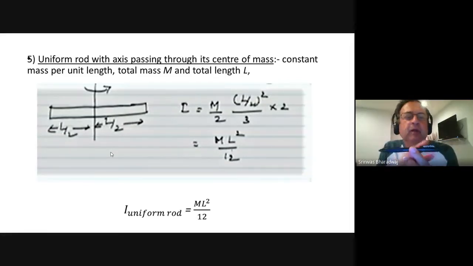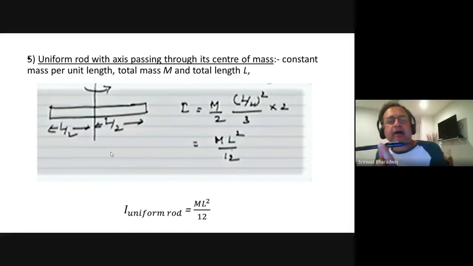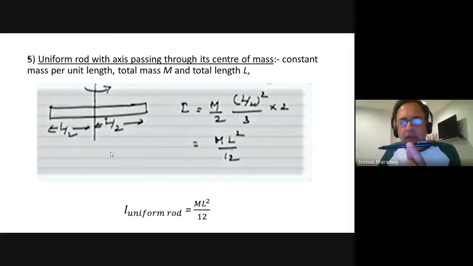Now, about another axis, which is parallel to the center of gravity, it is merely the moment of inertia about the center of gravity, which is ml square by 12, plus m times r square. In this case, r is L by 2.